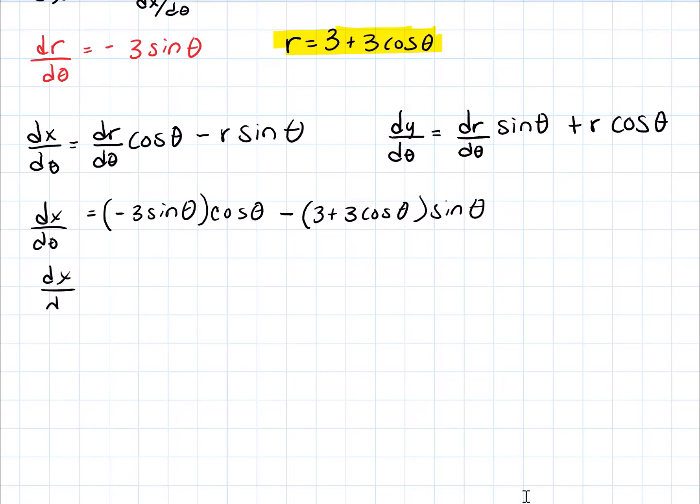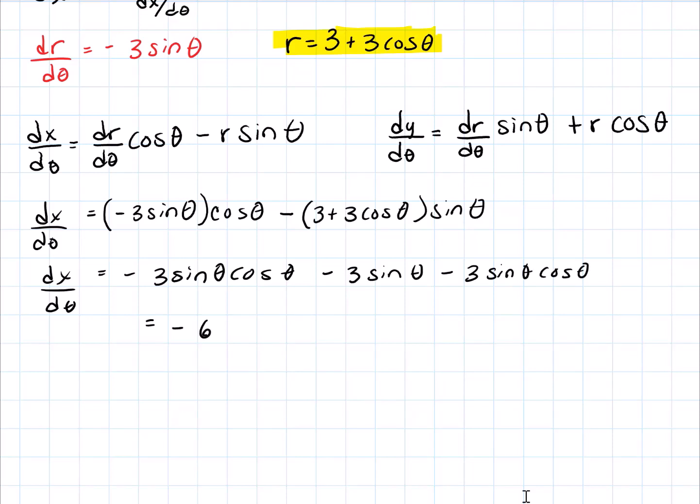So dx/dθ here would be negative 3 sine theta cosine theta, minus 3 sine theta, minus 3 sine theta cosine theta, which is definitely going to give me a negative 6 sine theta cosine theta minus 3 sine theta, and then a common factor. I'm even going to pull that out, so that's minus 3 sine of theta times 2 cosine of theta plus 1.